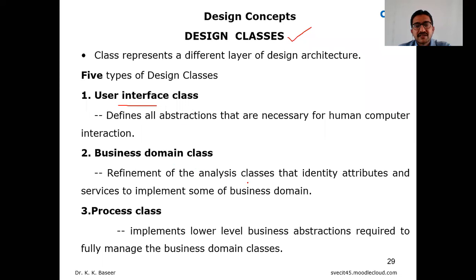The business domain class deals with refinement of the analysis classes that identify attributes and services to implement some business domain. So it deals with some attributes and services which can be provided to make a business. In the domains of business, we can make some refinement in these attributes and services. That type of class comes under the domain class.